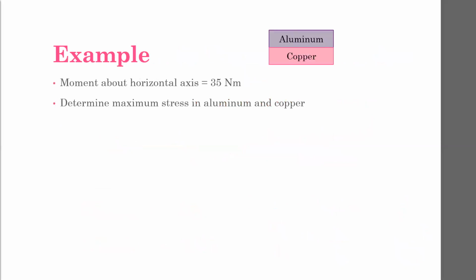Okay, so this example has half aluminum, half copper. Let's say that these each have a 6 millimeter height. Six millimeters, and the width is 24 millimeters.